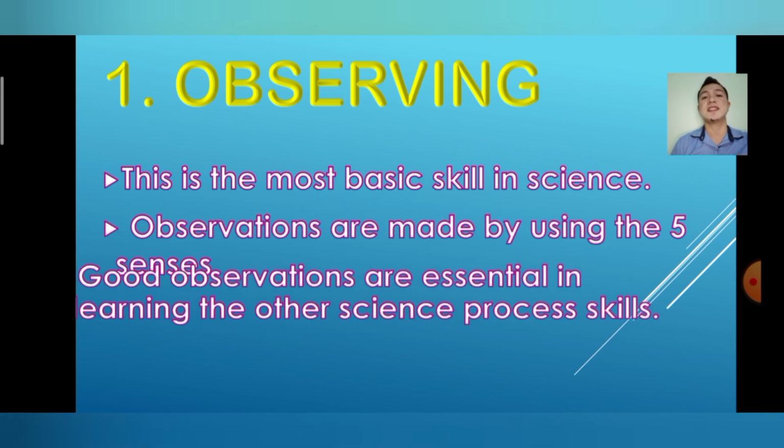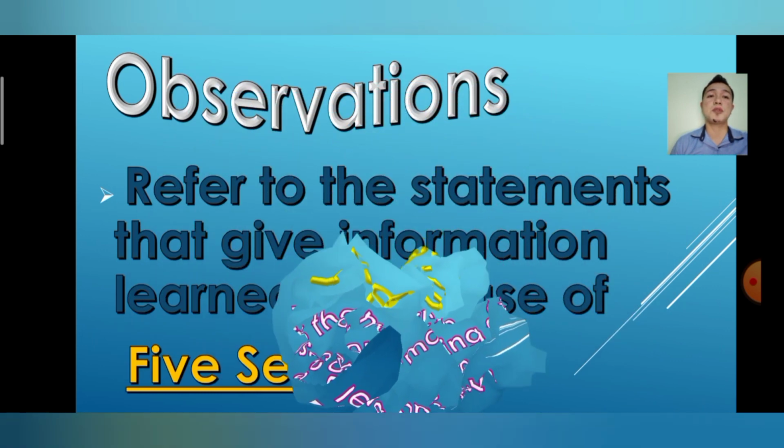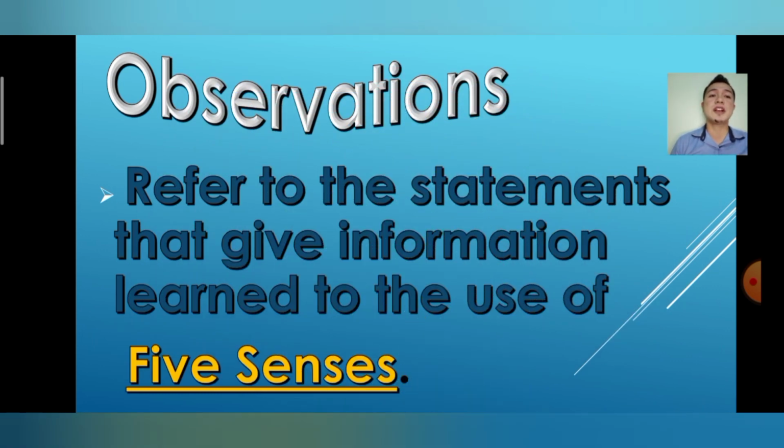Five senses. Good observations are essential in learning the other science process skills. Okay? Good observations are essential. In other words, it's very important. Observations refer to the statements that give information learned through the use of the five senses.